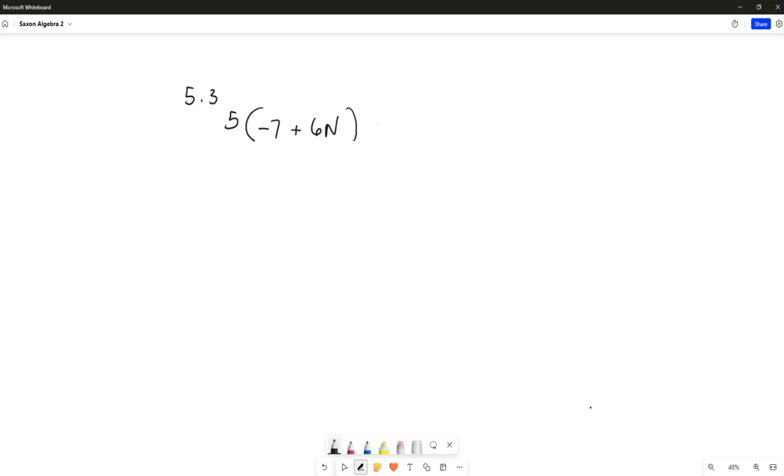The result is 332 less, minus 332, than 3 times the number, so 3n. Okay, I'm going to distribute. So 5 times 6n is 30n. 5 times negative 7 is negative 35. So negative 35 plus 30n equals 3n minus 332.